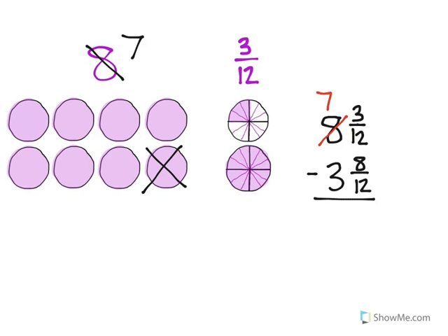Once you've borrowed from the wholes, you now have 1 whole and then your 3/12. So you have to actually change this into an improper fraction. So I am saying that I have 12/12, which is your whole, plus my 3/12, which is what I started out with.